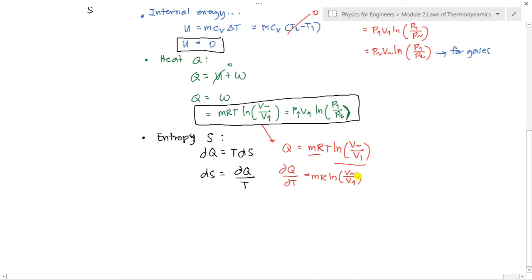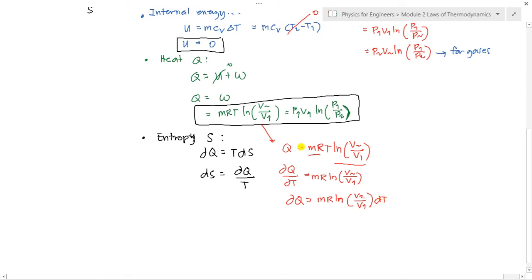Then we can multiply by dT, so dq equals mR ln of V2 over V1 dT.